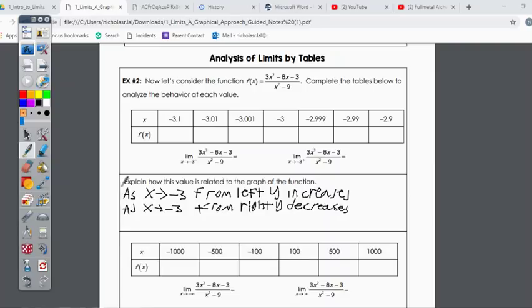All right, so therefore, x equals negative 3 is a vertical asymptote of f of x.